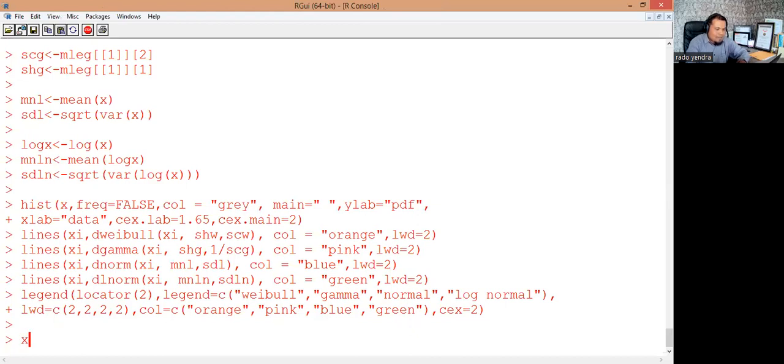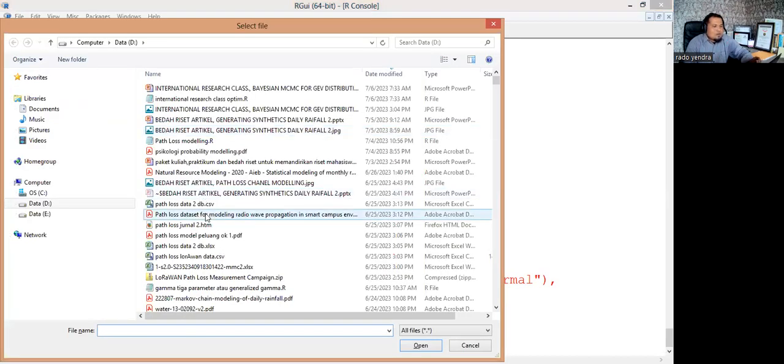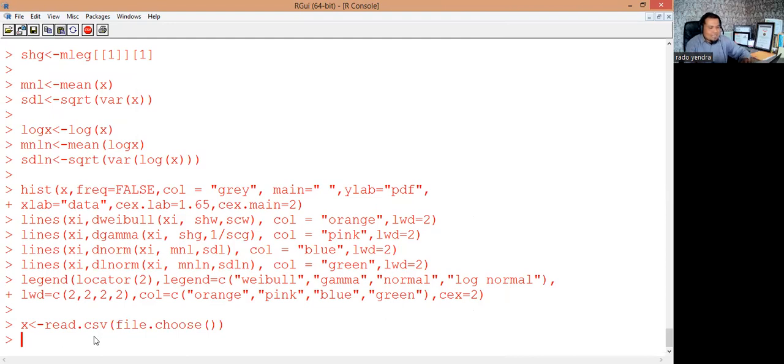We name it X. X is read.csv of file.choose. We choose our data, the path loss data. If you want to know what kind of data it is, we just type head of X.